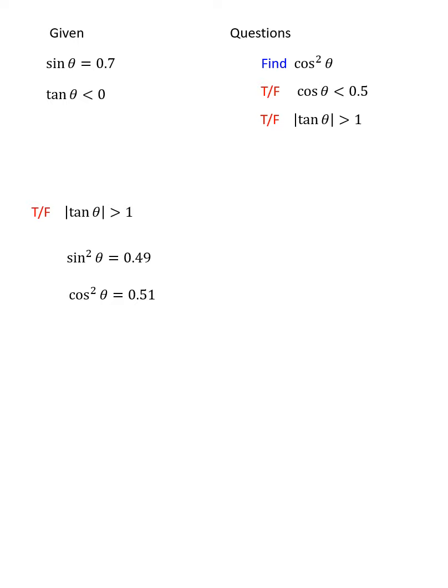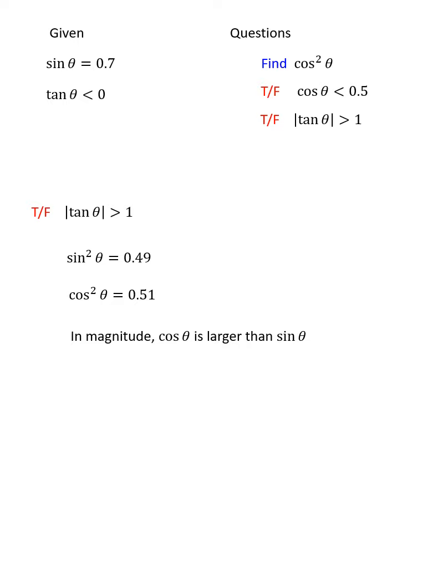Here's my logic. If cosine squared is bigger than sine squared, and we knew this from earlier work, then we can say that in magnitude, the cosine is larger than the sine.